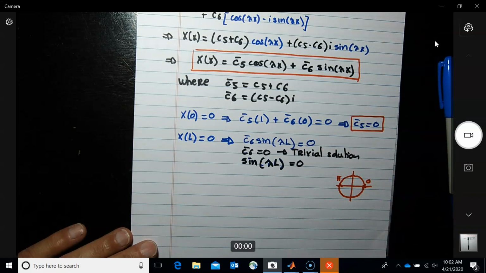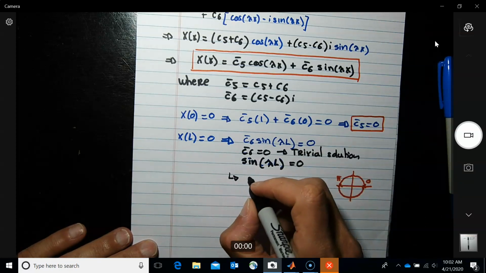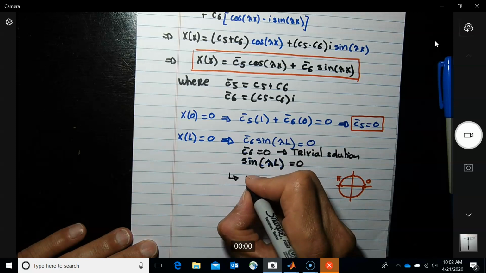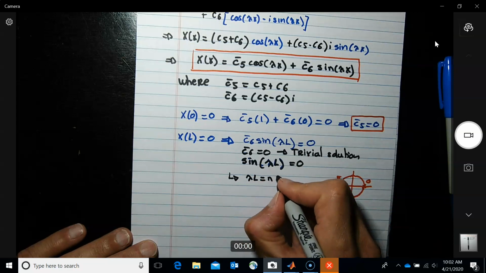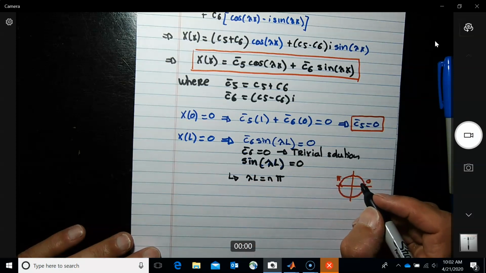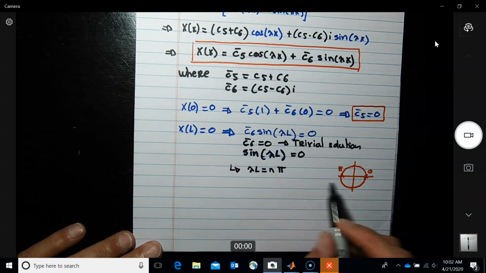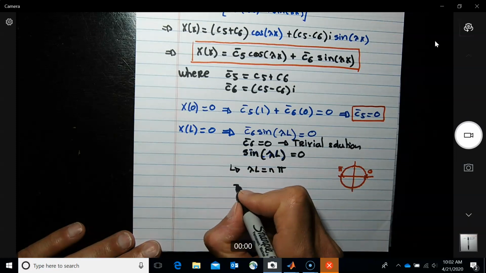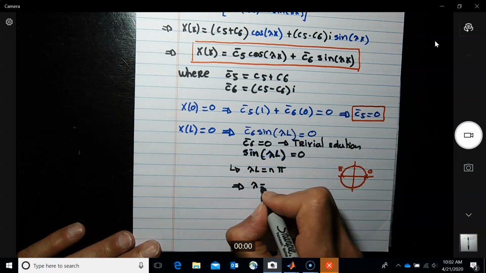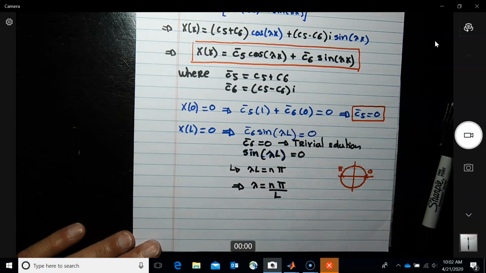That means sine lambda L will be equal to 0 when lambda L is equal to n pi, where n is a natural number, it cannot be a decimal number. It needs to be 1, 2, 3, 4, 5. So lambda is equal to n pi over L.